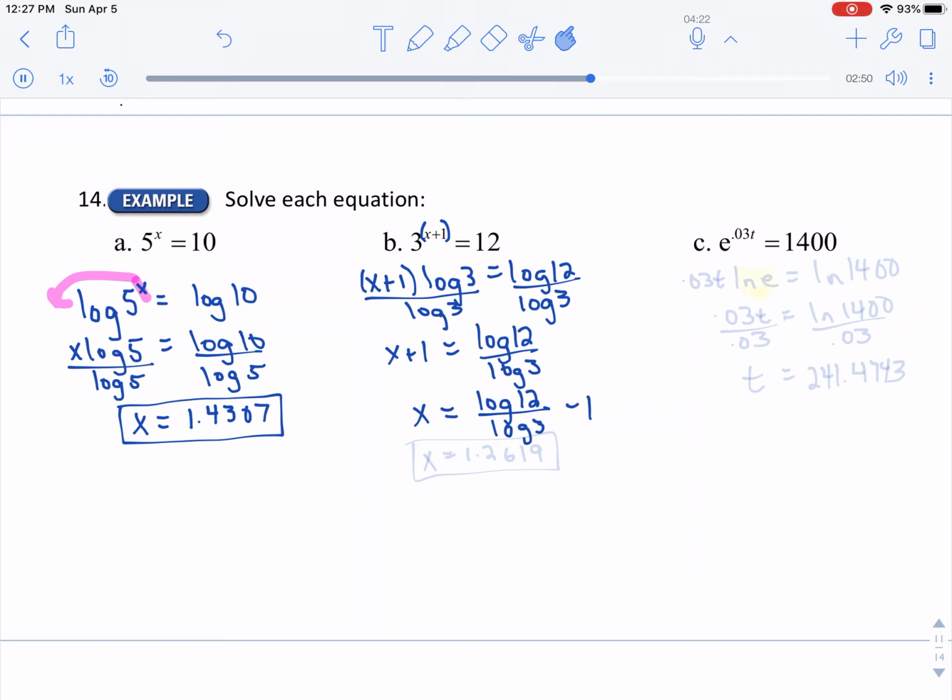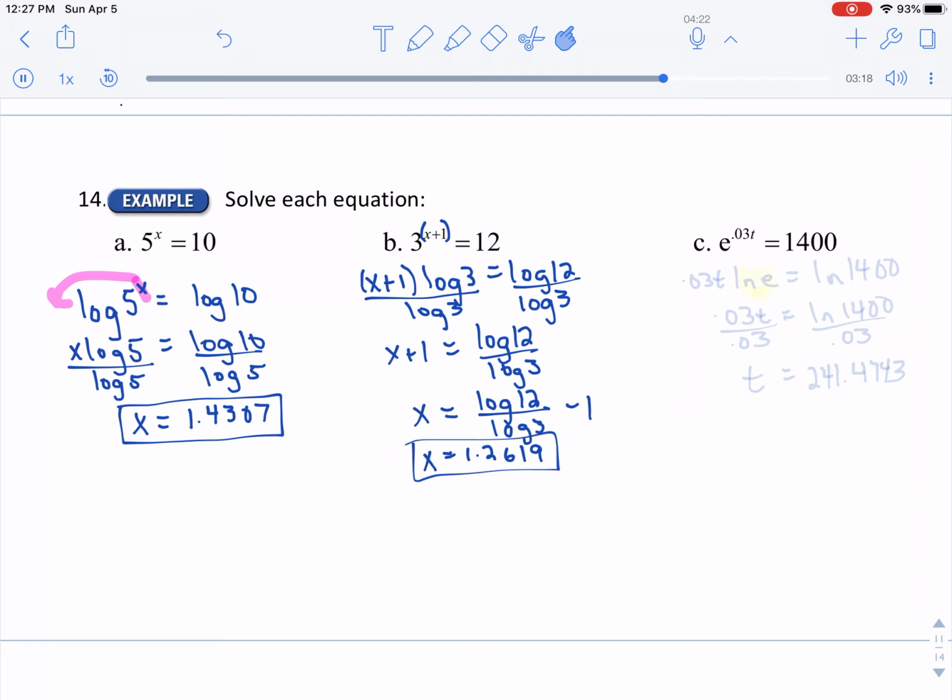So that's the answer if we were doing it in the classroom, but since we're not doing it in the classroom, then we're going to put it into a calculator. So give me a second to do that. And I get x equals 1.2619, and that's the answer for B.